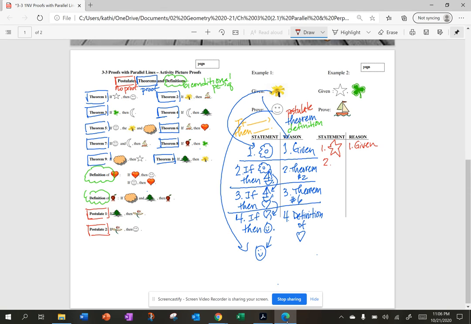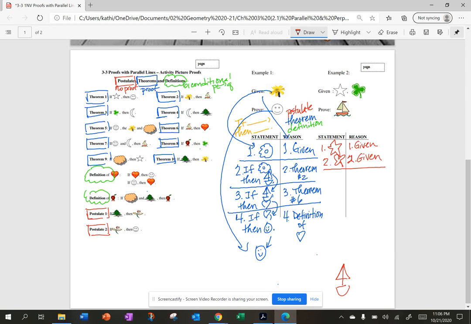And I'm given a shamrock. And that is given. Okay, and then I'm trying to prove a boat down here.